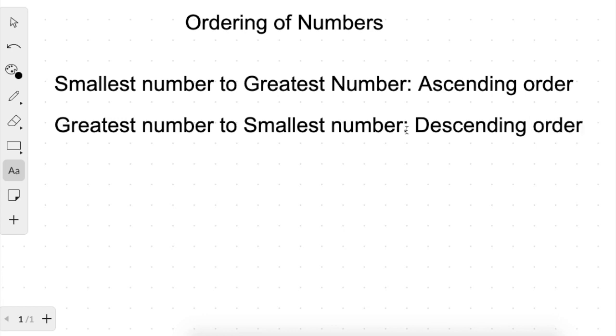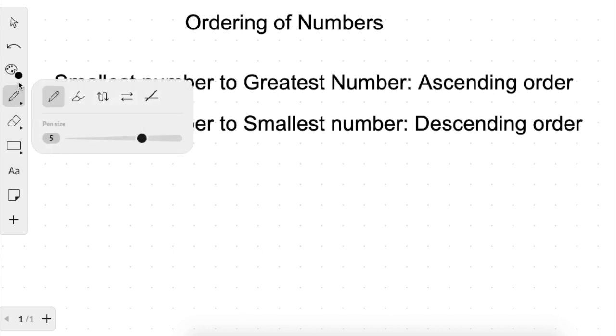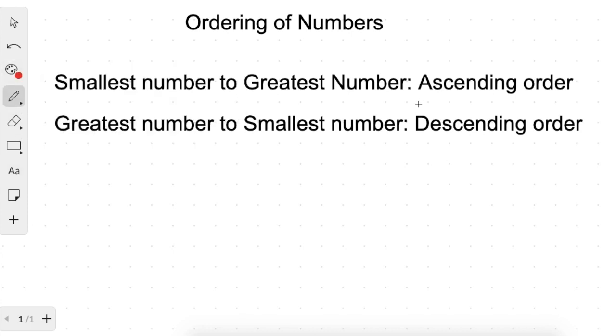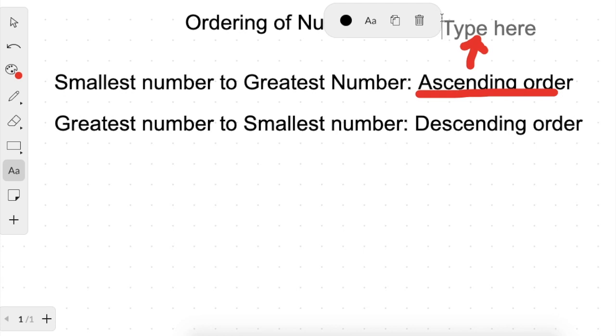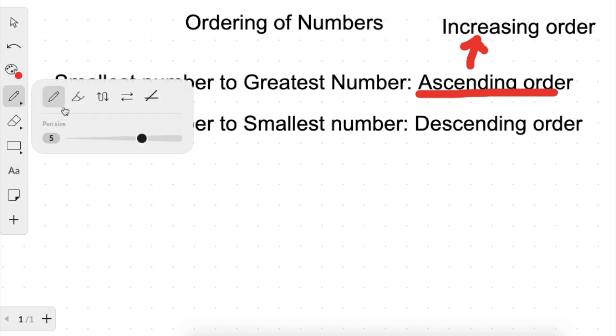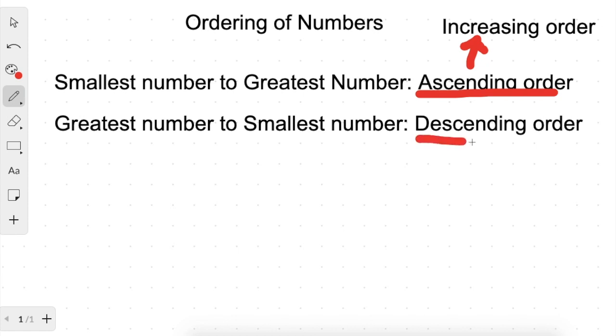Children, we also have other names for these two, and those are: ascending order can also be called increasing order, and descending order can also be called decreasing order.